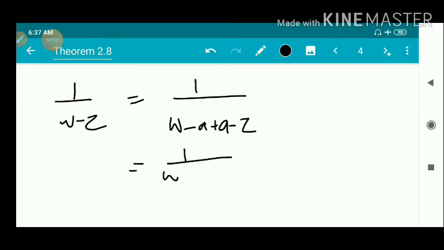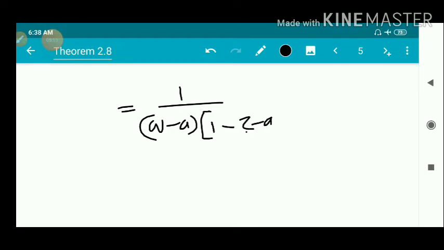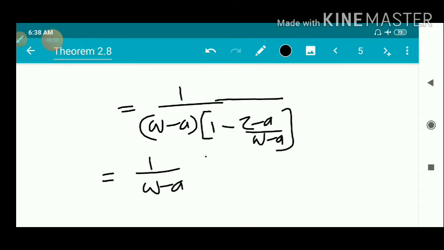So 1/((w minus a) minus (z minus a)). Now if w minus a is taken outside, we get 1 by w minus a into (1 minus (z minus a) by (w minus a)) all raised to minus 1.